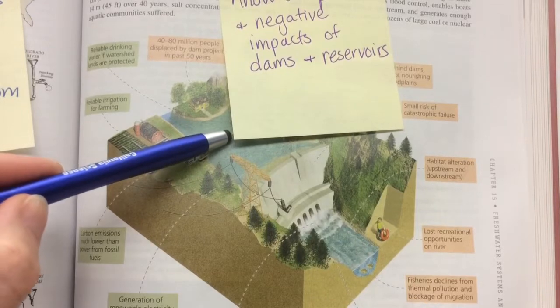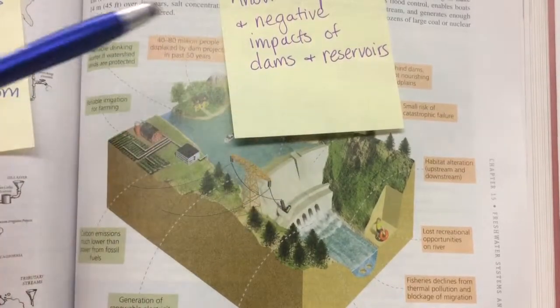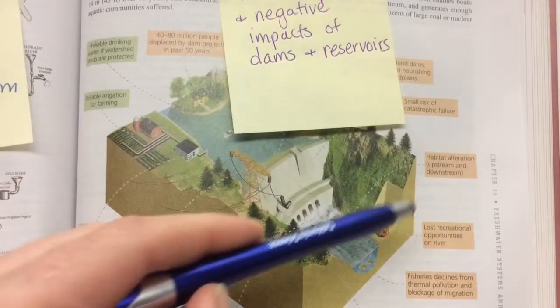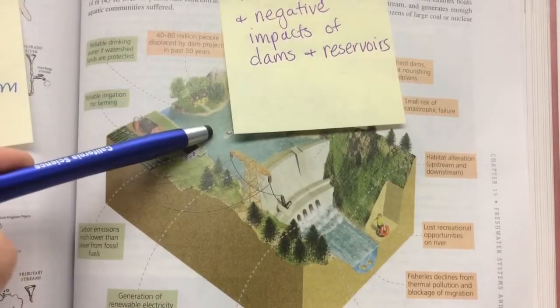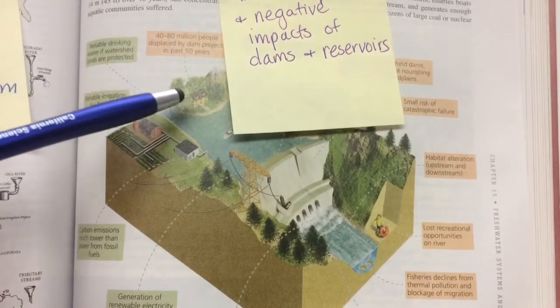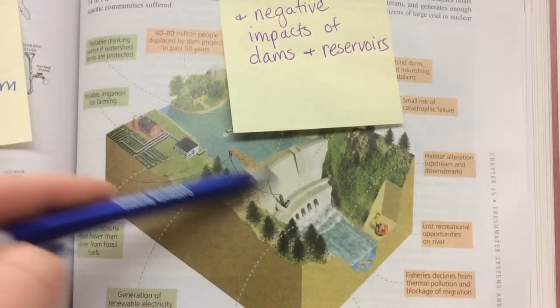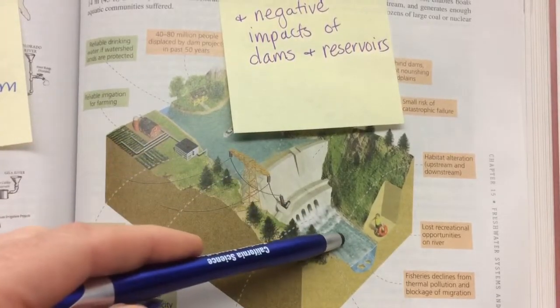People were displaced building the dam. They always are. There's a small risk of failure. The habitat is disrupted, so now your river species go away and then lake species come. Recreational for rivers, like whitewater rafting, goes away.